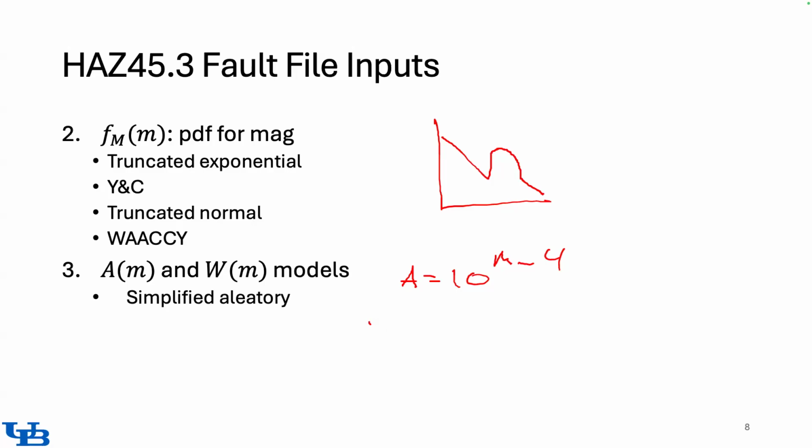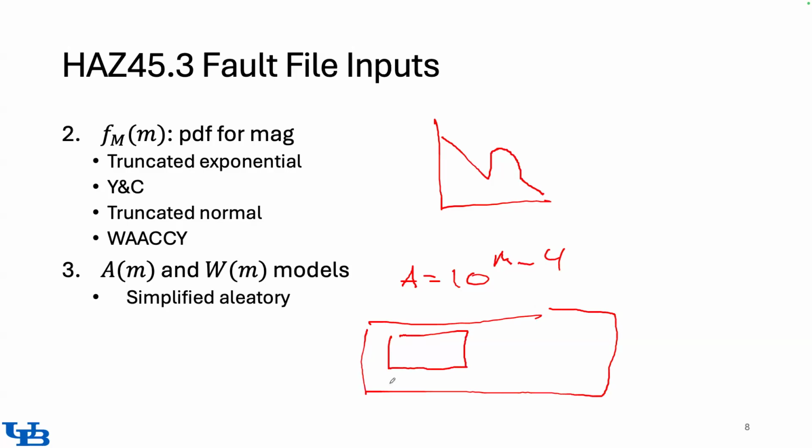So if this is your fault plane, and this is your rupture defined by its length and its width, it will float the rupture over the entire fault plane and calculate the distances and the distribution of distances for all possible scenarios.